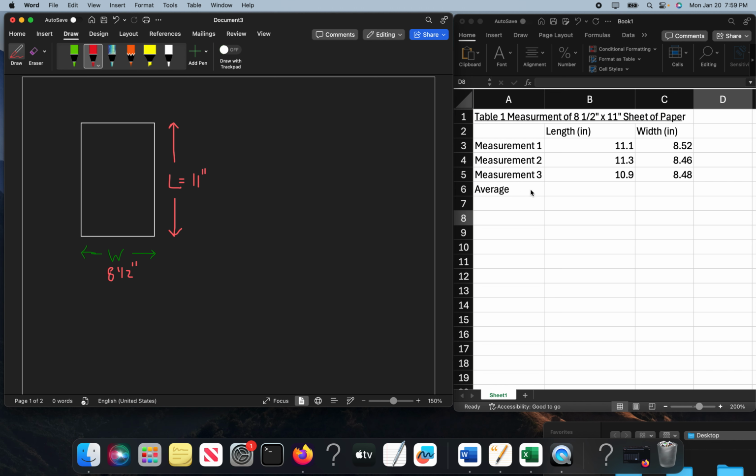And now we want to find the average. So one way to find the average is to take the sum and then divide by the number of objects that you are summing.